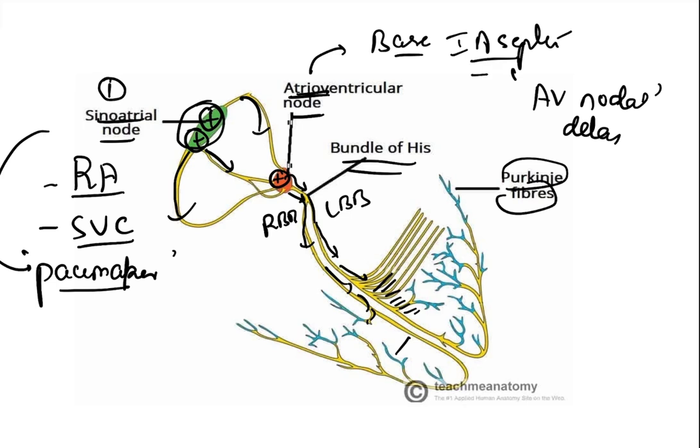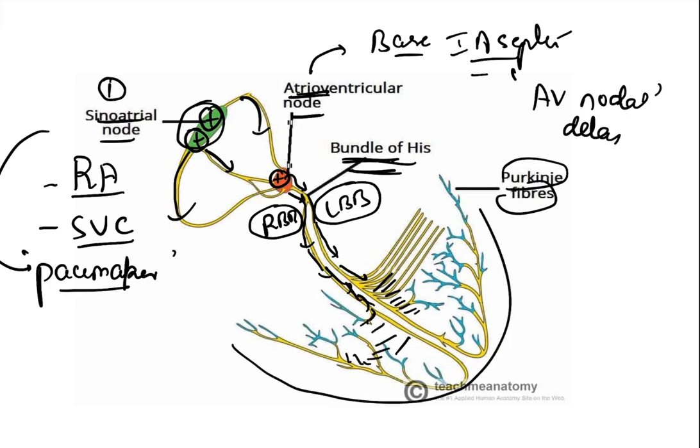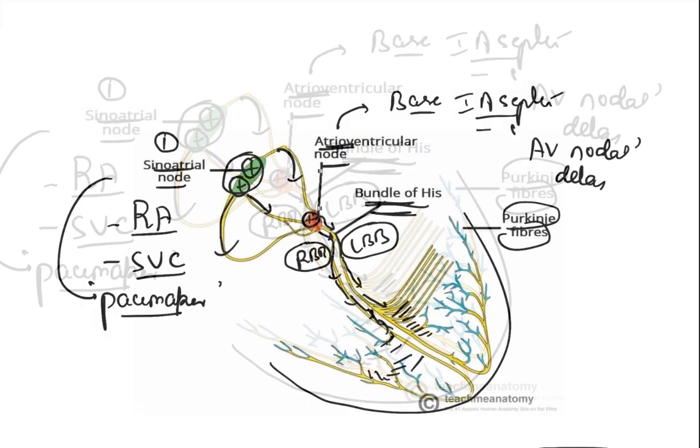Once the impulses reach the AV node, there's a physiological delay, also called the AV nodal delay. Once the delay is over, the impulses are carried forward through the bundle of His, which divides into the left bundle branch as well as the right bundle branch, and finally into Purkinje fibers, which are responsible for the impulses reaching the ventricular myocardium.